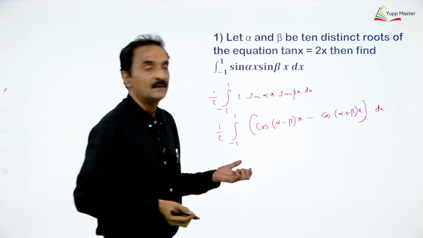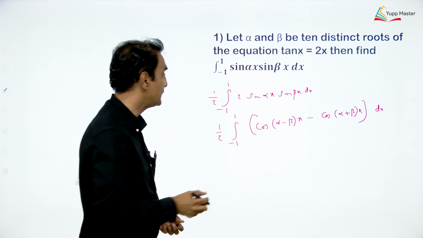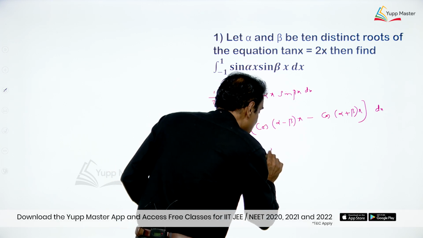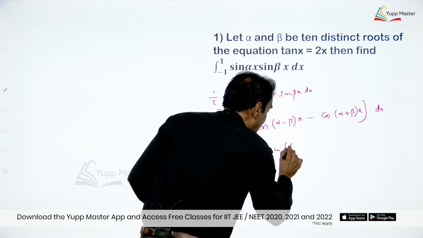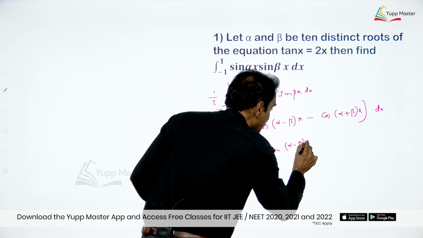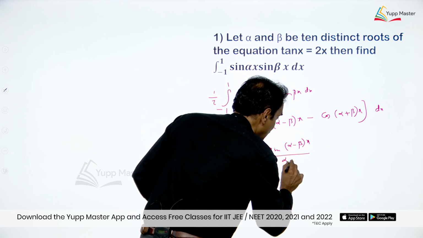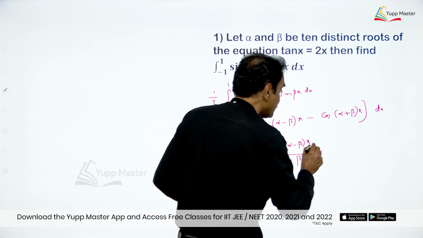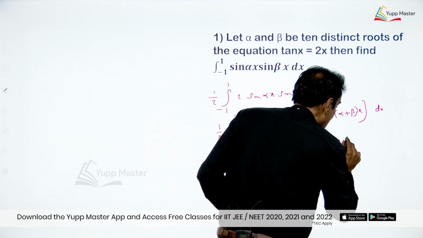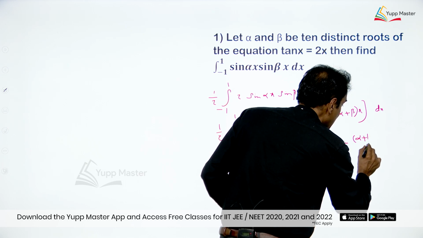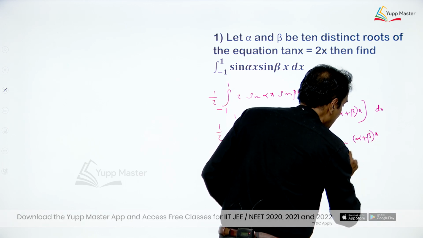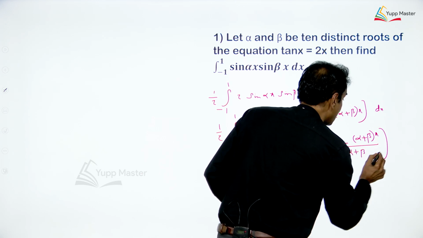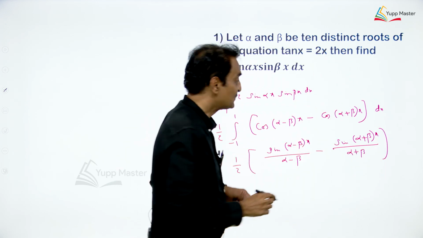right. Then what is the integral of cos (alpha minus beta) into x? Sin (alpha minus beta) into x by alpha minus beta, minus sin (alpha plus beta) into x by alpha plus beta, between the limits -1 and +1.